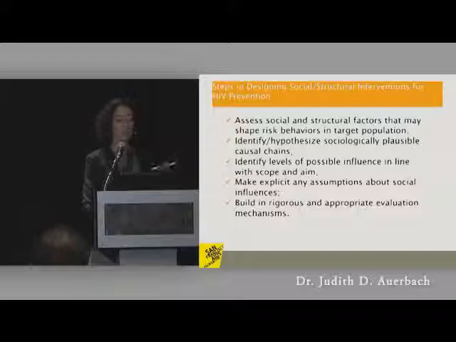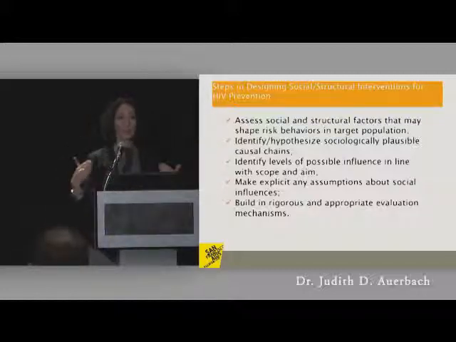And we outline some steps just to be very clear about how one can go about engaging in a social level approach, starting with an assessment of the social factors. You can't just assume you know what's going on in any community unless you're indigenous to it. But looking at what are the risk and vulnerability associated factors in a particular place or people, hypothesizing, and hypotheses are very important.